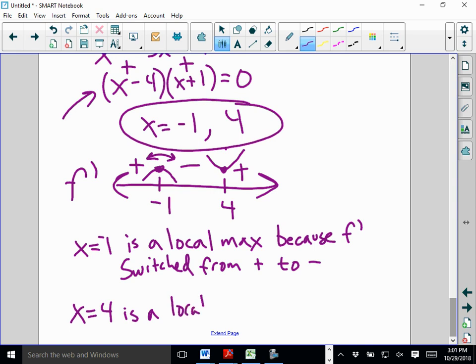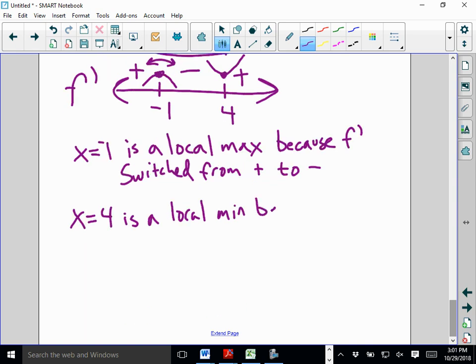Again, it's a local min because, and we need to explain this very carefully, f prime switched from minus to plus. Okay, that would be a sufficient explanation.